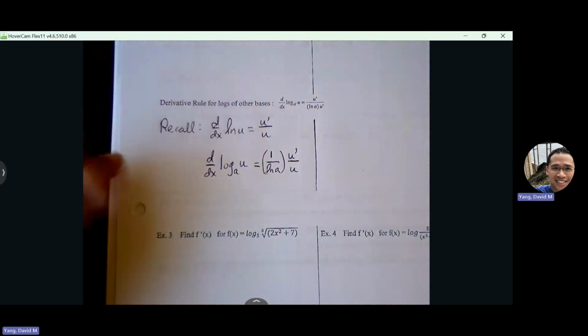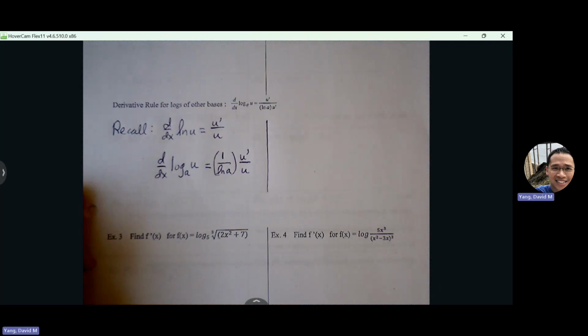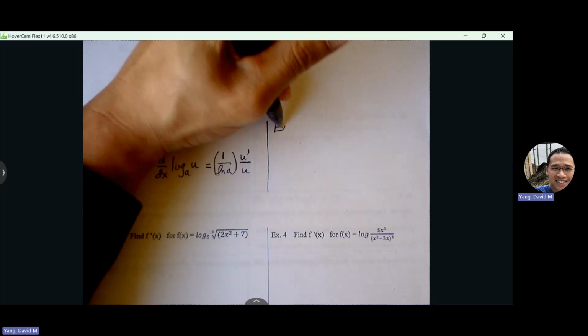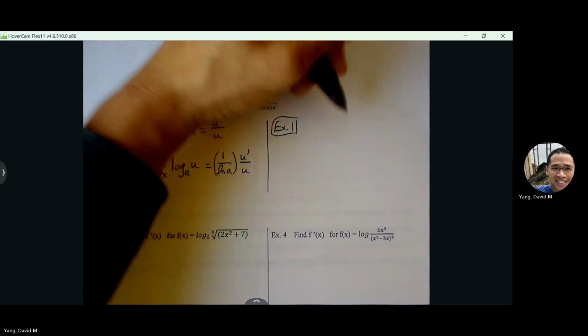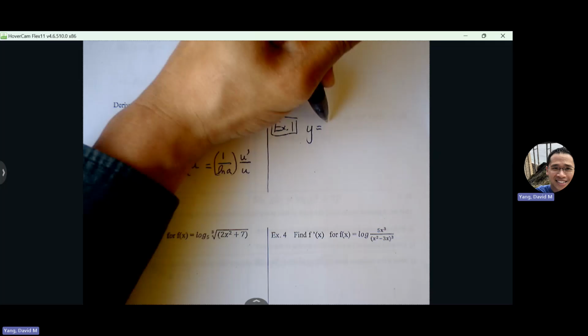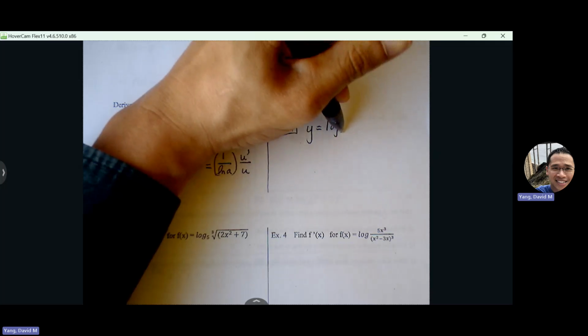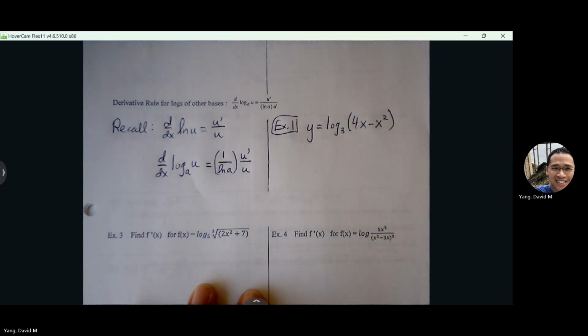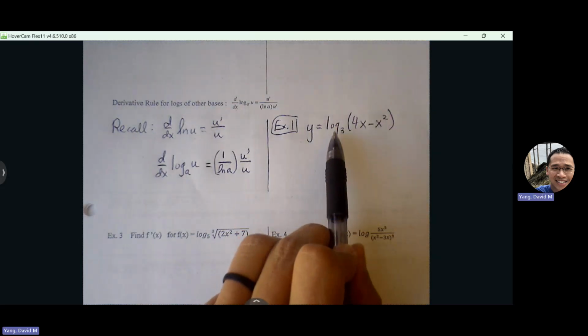Let me just do a quick example before we go to example 3. Let me call this example 1 here. So for instance, if I had y is equal to log base 3 of 4x minus x squared. We know that this is log base 3.